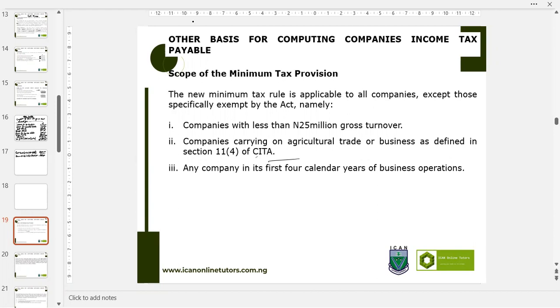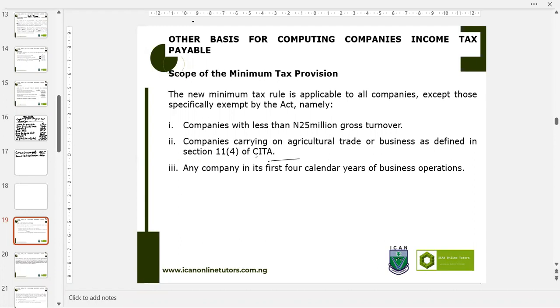And then also the Finance Act of 2020 and then that of 2021 gives an incentive to taxpayers. The incentive is that because of the COVID-19 that happened in 2020 and the EndSARS issue, the companies are granted a reduction.